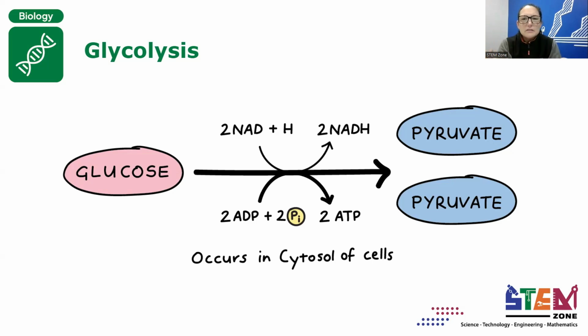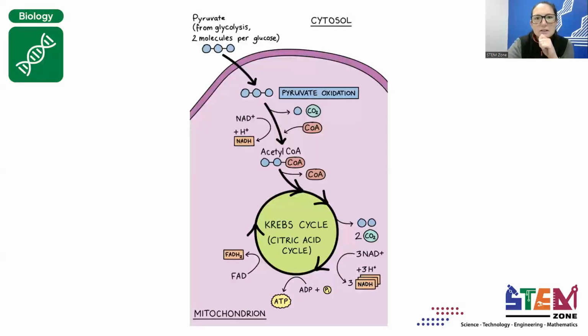This is why we do cellular respiration, right? So we've got glycolysis happening in the cytosol. If there's oxygen in the environment, then it will proceed to the further stages, and this is known as aerobic cellular respiration. That pyruvate will then, you can see up the top there, go from the cytosol into the mitochondria.